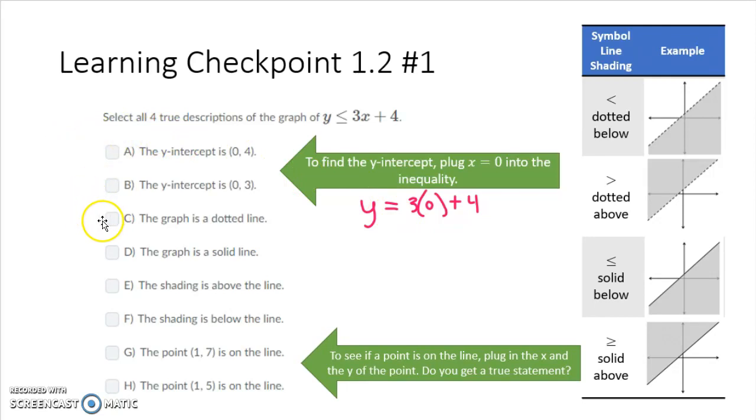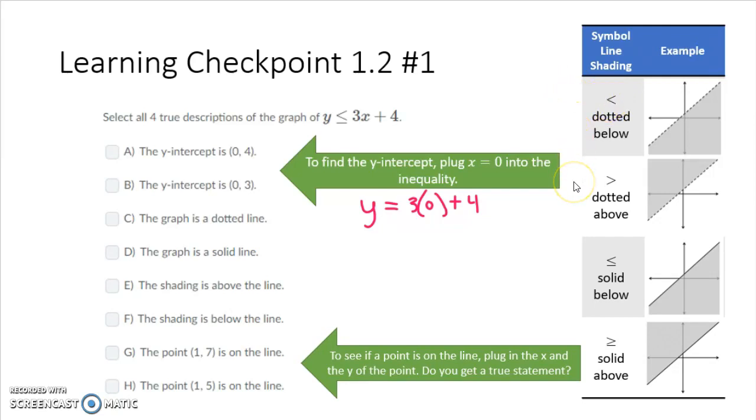Then down here, choices C through F, you're going to choose 1 about the type of line, and then 1 about the type of shading. Now, if you pop over here to this table that I have for you that I showed you in class, you have a little cheat sheet on which inequality symbol matches the different descriptions of its graph. So when we have the less than sign right here, we have a dotted line and we shade below.